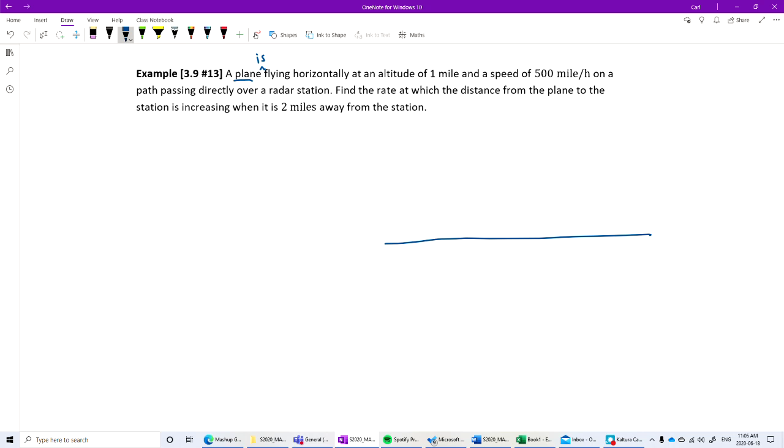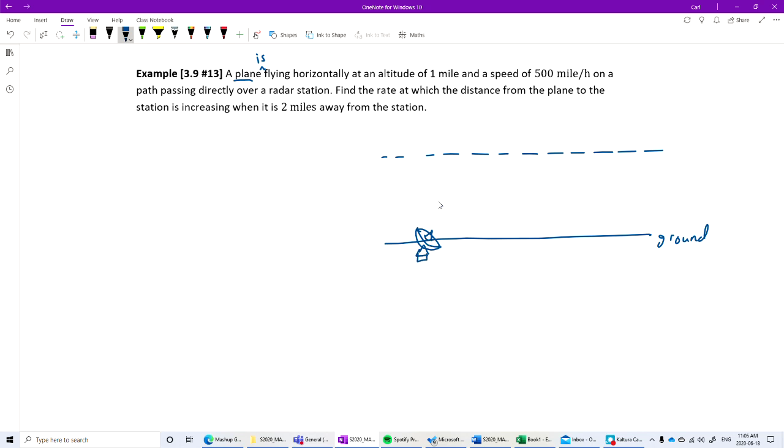So what's going on here? So we have the ground, and there's a path. The airplane is flying along this path, let's say. And on the ground is a radar station. So maybe that looks like some kind of satellite dish.